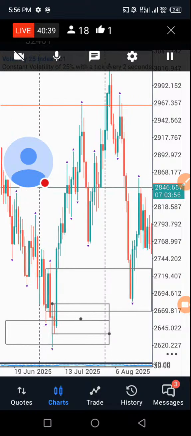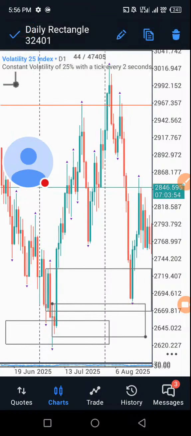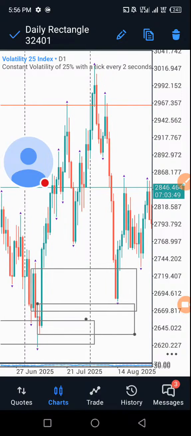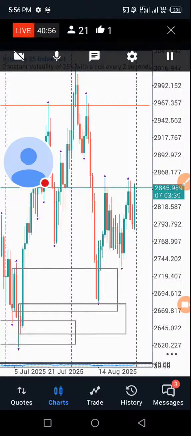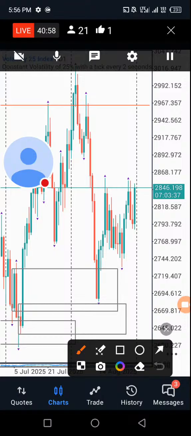Okay, so that's the last sell candle. If you look at it, guys, you will see that the market has not actually tapped into that other block, right? It's just looking very close, very small.